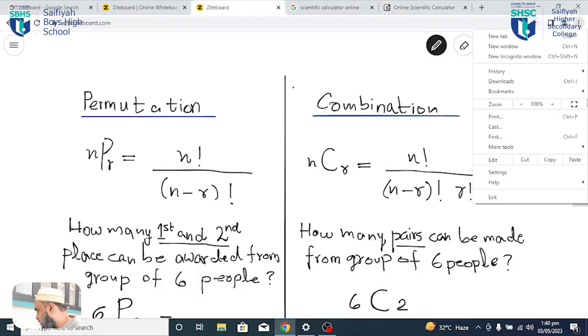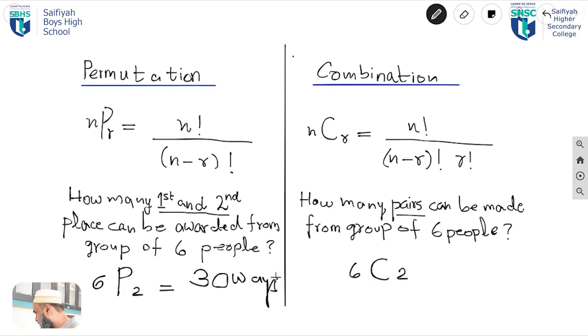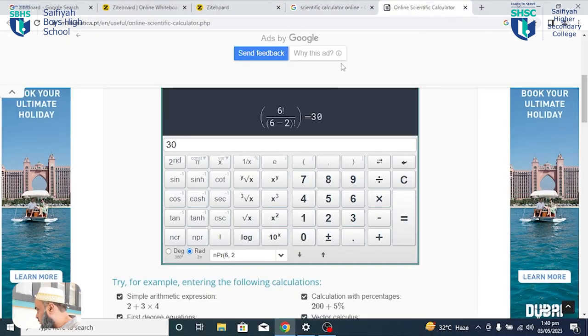While in combination it is also the same, n is 6, and of course we are interested in pairs. Pairs of course means 2 as well. So first let's find out 6P2. Let's use a scientific calculator app. We need to find out 6P2.